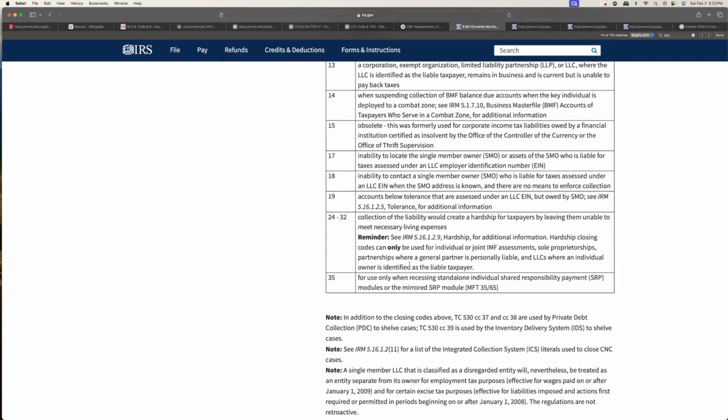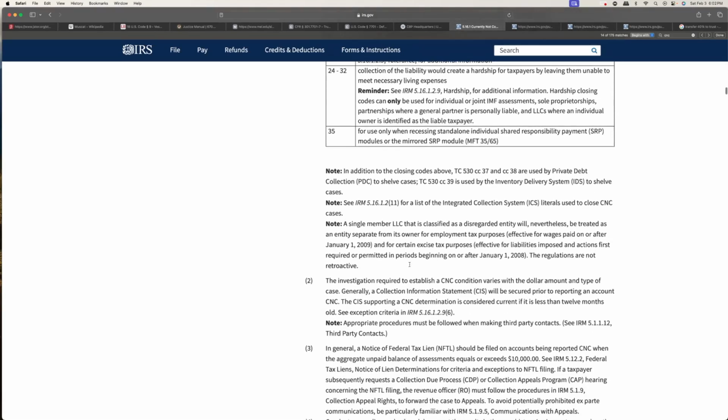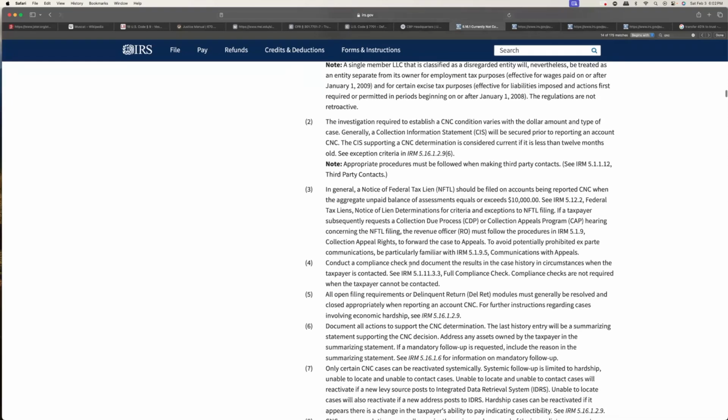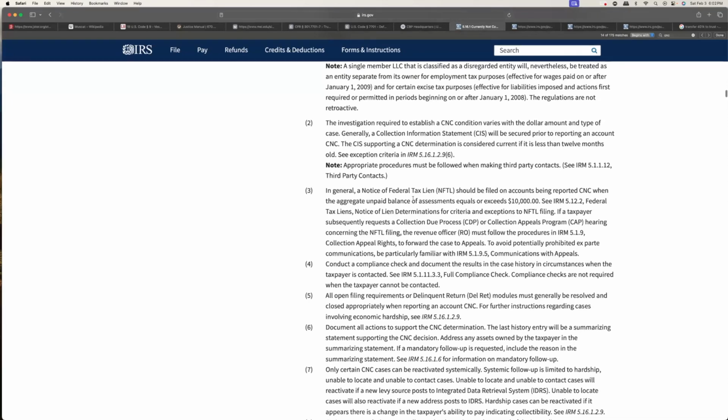So there are other reasons here, but most notably, I want you to pay attention to their reasoning behind sending out a notice of federal tax lien. They're only going to file that on accounts being reported CNC when the unpaid balance of the assessment equals or exceeds $10,000.